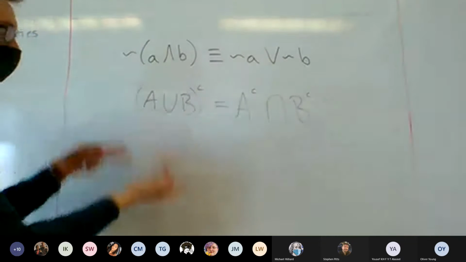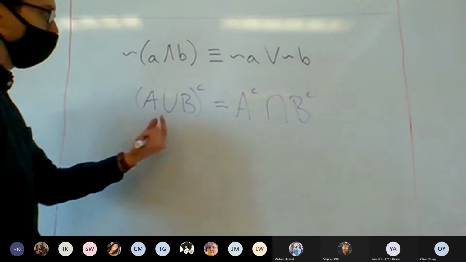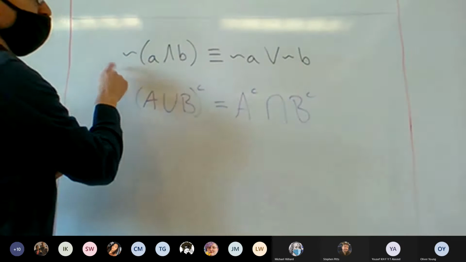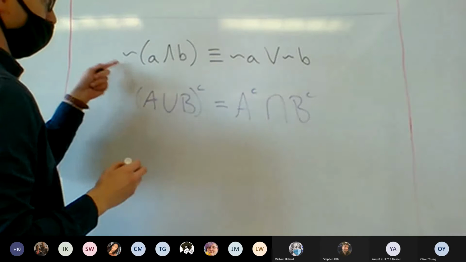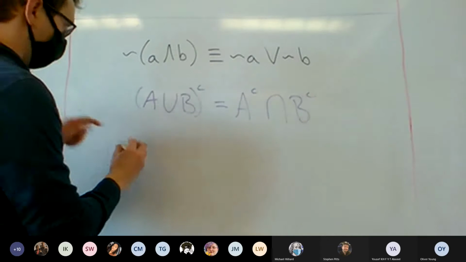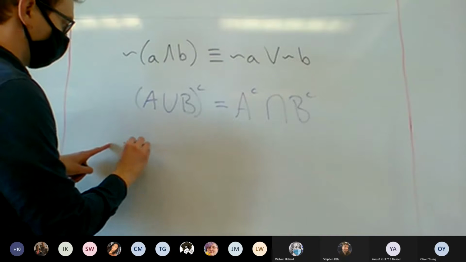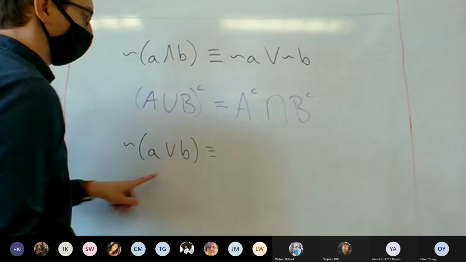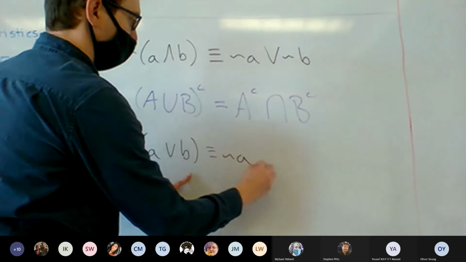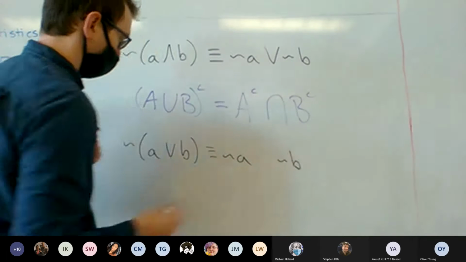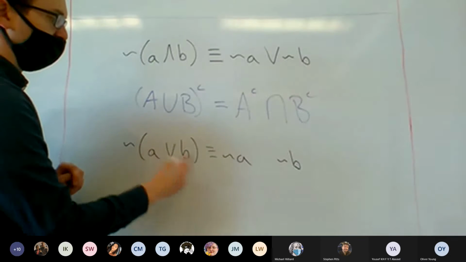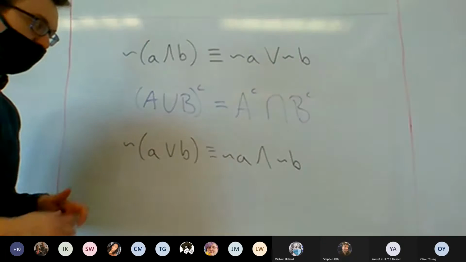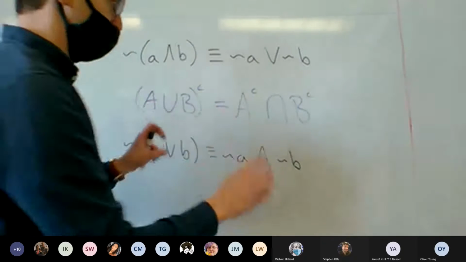And then there's two of each of these, right? There's the one where you slap an intersection here and then put a union here. Similarly, there's another De Morgan's law for compound statements that looks like this. What if I have the negation on the outside of a disjunction? That will be logically equivalent to negating each of the letters, distributing that negation in, and flipping that thing that's attaching them, which I've been generically calling an operation.